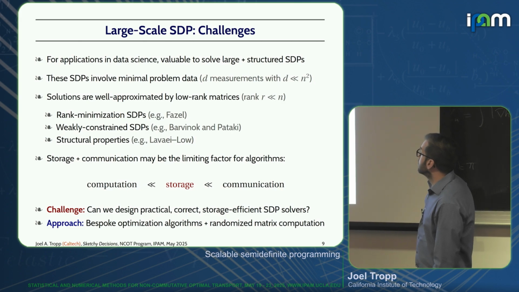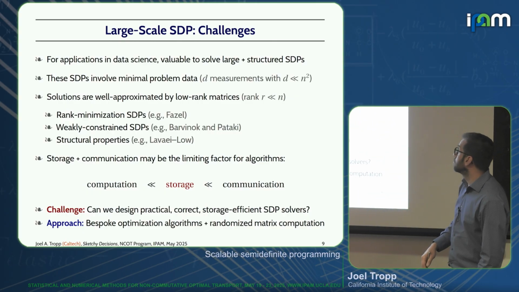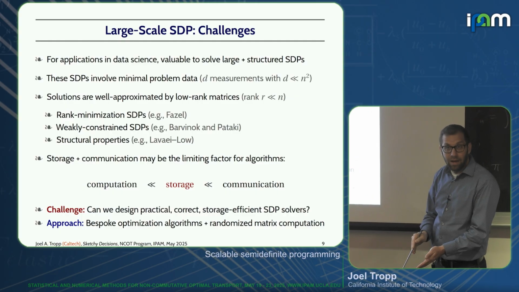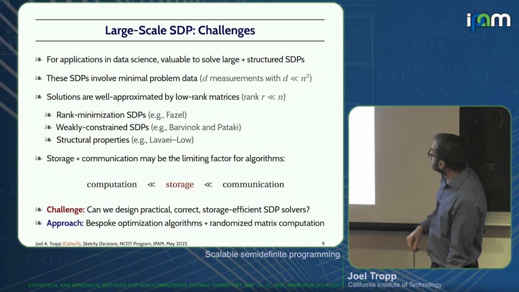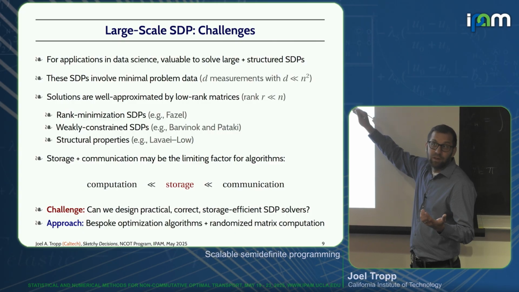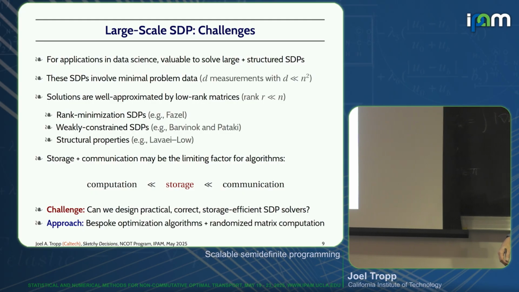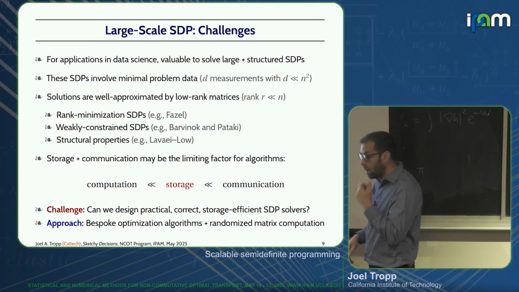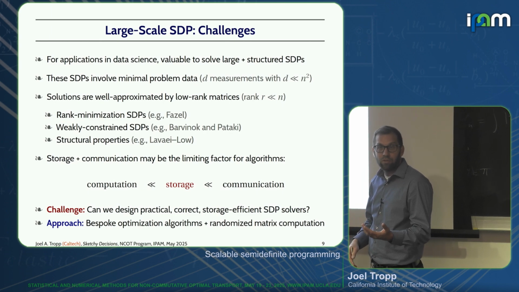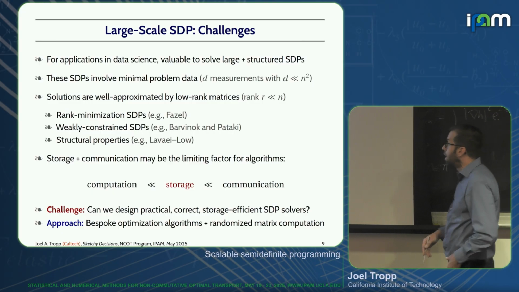Now, there are also a lot of situations in data science where the solutions to these SDPs are well approximated by low-rank matrices. So the rank of the solution to the SDP is a lot smaller than the side length of the matrix. So here n is like 25,000, and the solution might have rank 5 or something. Okay? So this comes up for a lot of reasons. So there are rank minimization SDPs where your explicit goal is to minimize the rank, and you do so by replacing it with the trace. These problems originally came up in control theory and were studied in the late 90s.